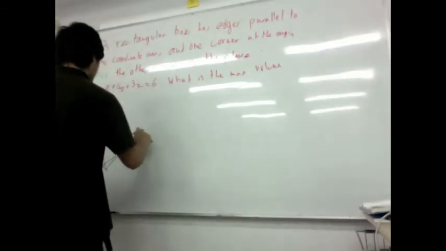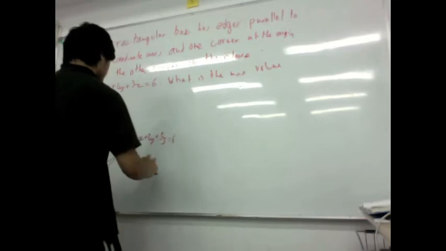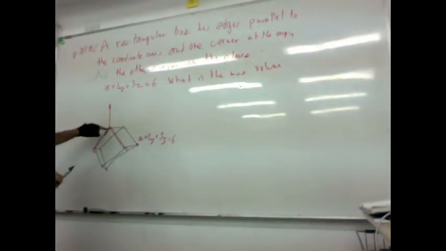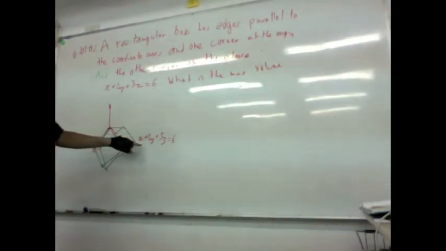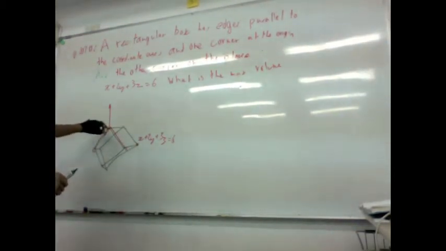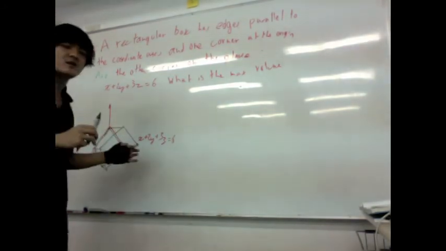X plus 2y plus 3z equals 6. So notice that because one corner is at the origin, it's enough to find where the other corner is on the hyperplane. Since we're starting at the origin, all we do is find the max x to this hyperplane, max y to this hyperplane, max z to this hyperplane, the opposite end of the corner.